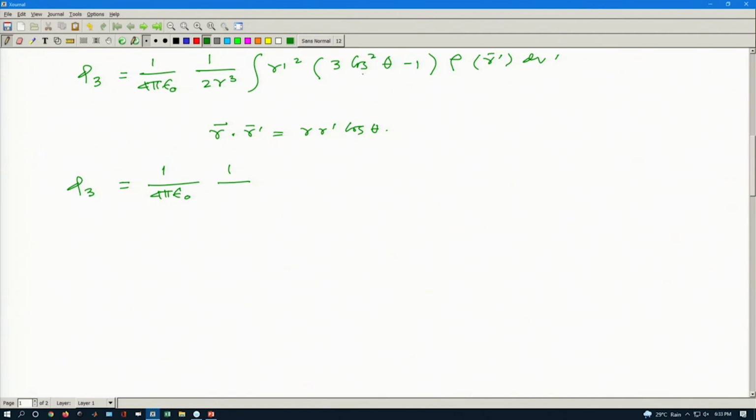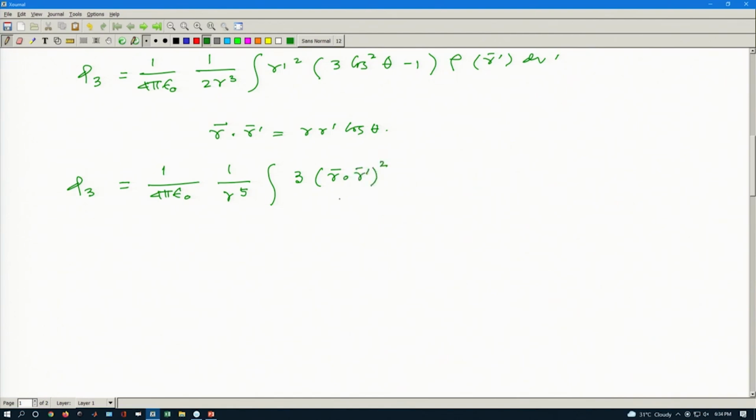To introduce cos theta I need to multiply by r square and also divide by r square. Then the integration, with 3 times the square of r dot r prime.